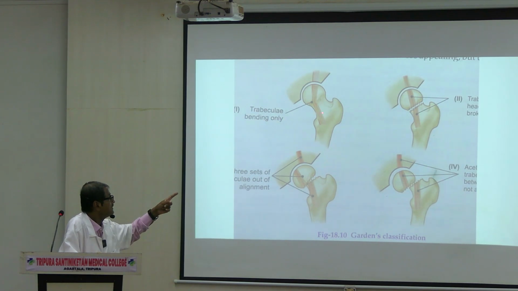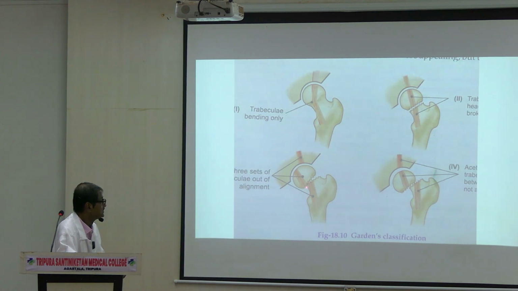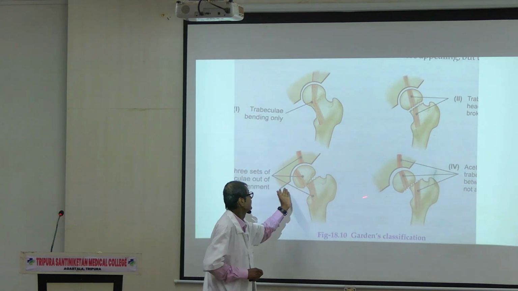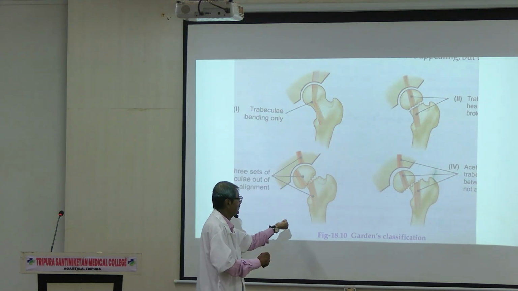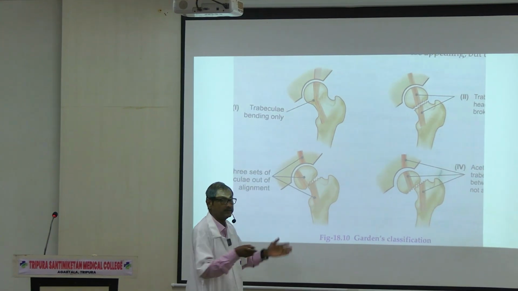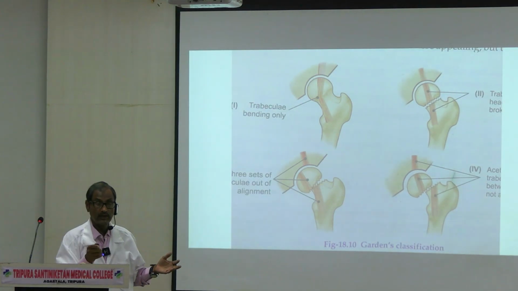So all these fractures we have to get. But when there is a type 3 fracture, we have to reduce it. Reduce means we will put this one to this one by giving traction and rotation, internal rotation, external rotation, and there is an image intensifier, the C-arm.